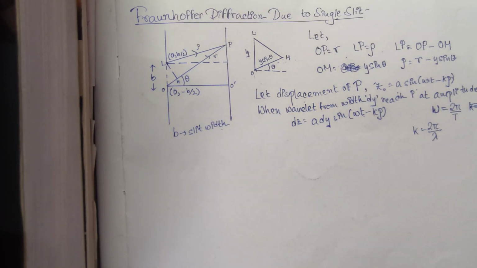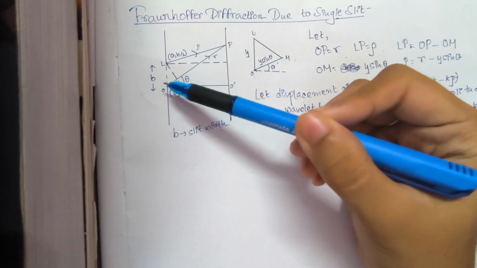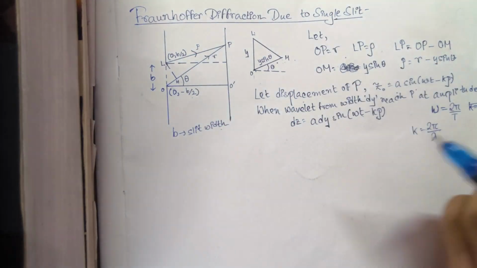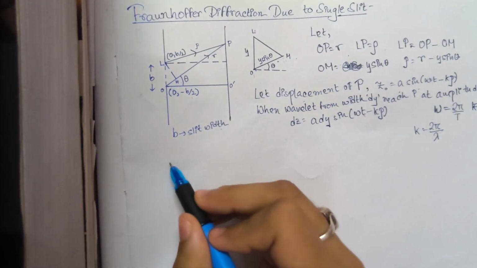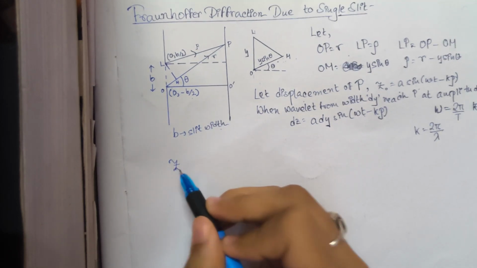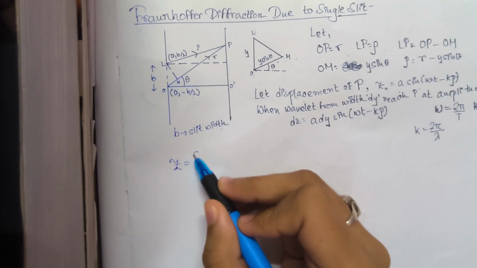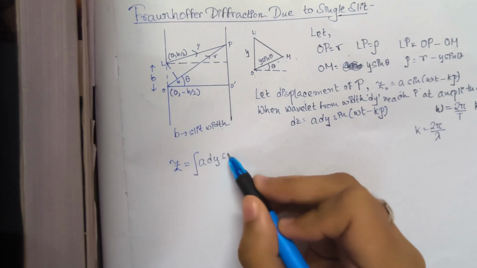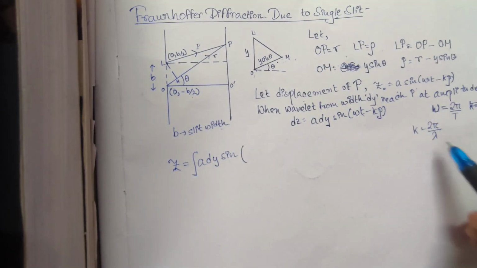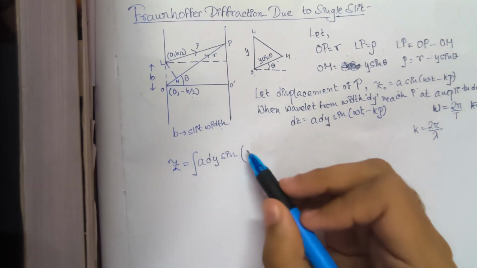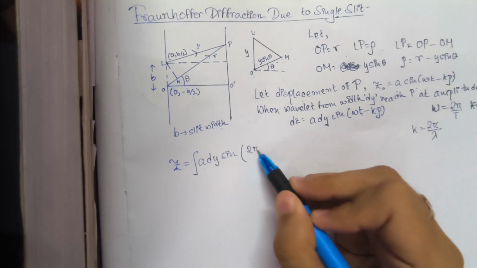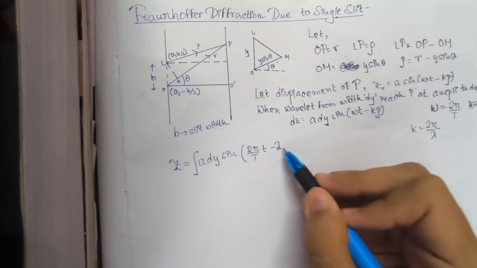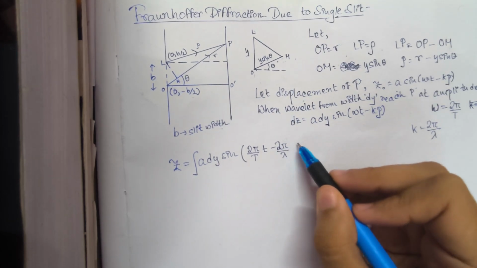If we integrate the function z from the limit minus b by 2 to plus b by 2, we get z equals the integration of a dy sine of 2 pi by capital T into t minus 2 pi by lambda into rho.